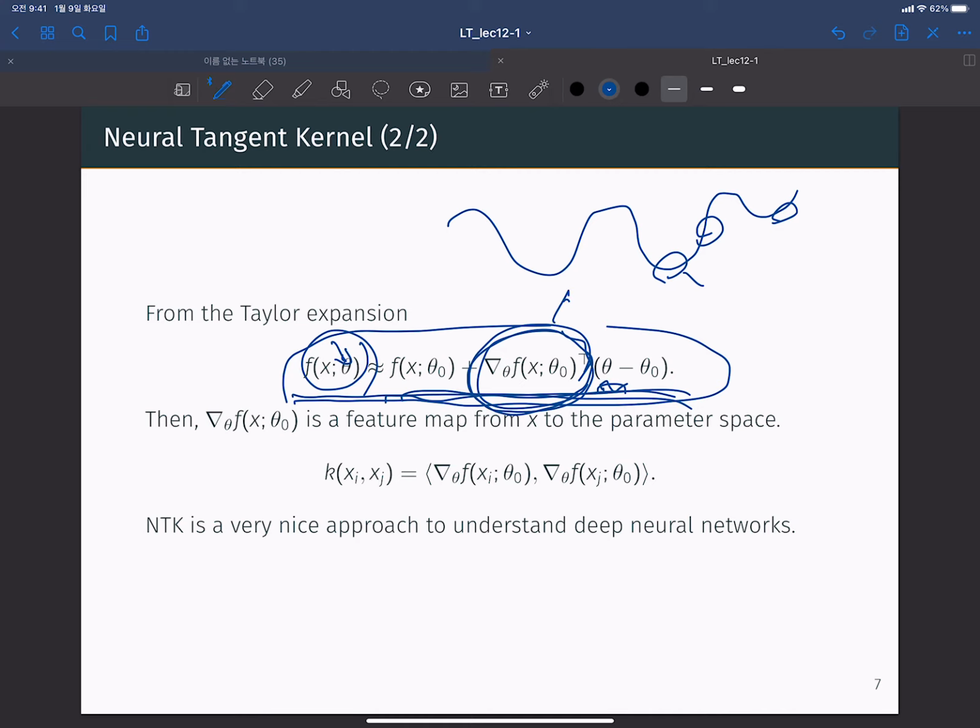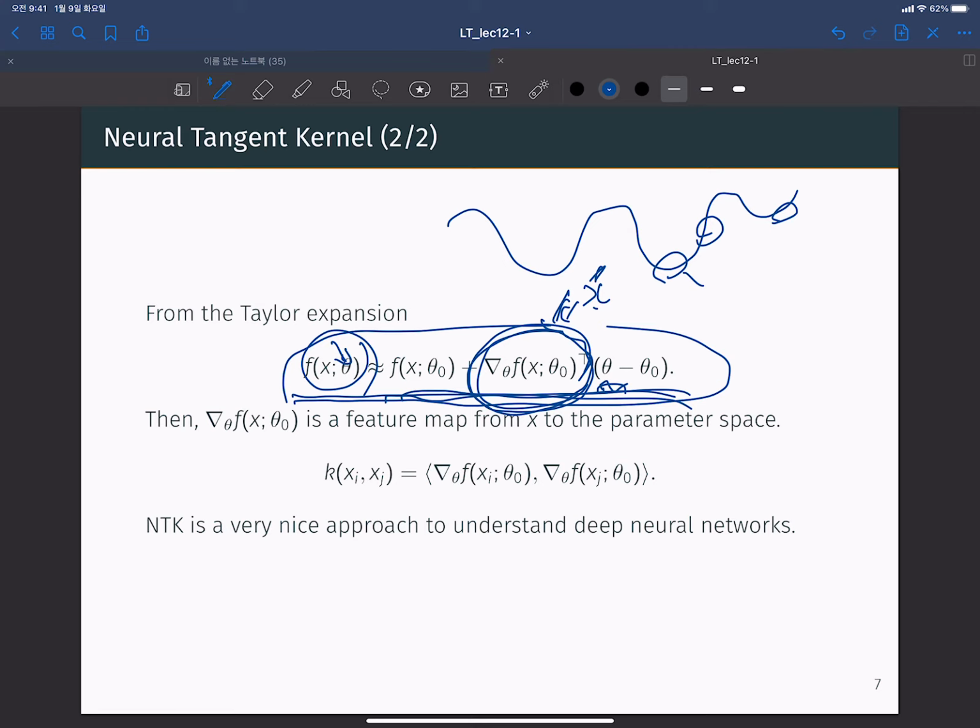And so this is a kind of x prime, so expanded feature map. And this mapping make our regression task as a linear regression with respect to this expanded feature map. And when you deal with expanded feature map and linear regression, in the previous slide I explained, in that case we can use kernel trick.